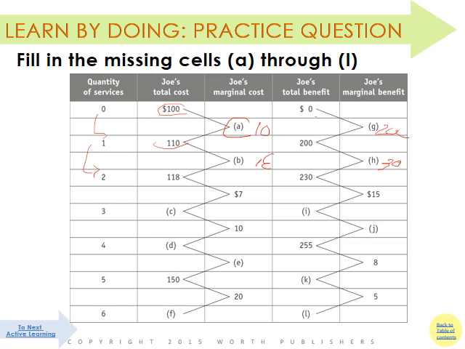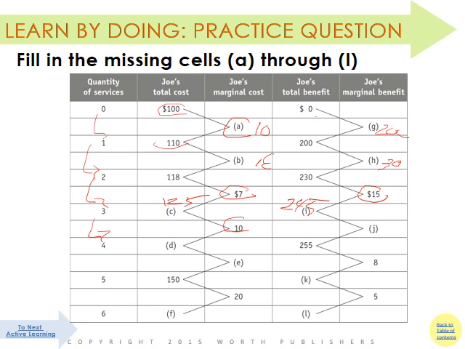The third unit of output, here marginal cost was equal to 7, which means the total cost went from 118 to 125, and the marginal benefit is equal to 15. So total benefit went from 230 to 245. Okay, what about the fourth unit of output? Marginal cost is 10.